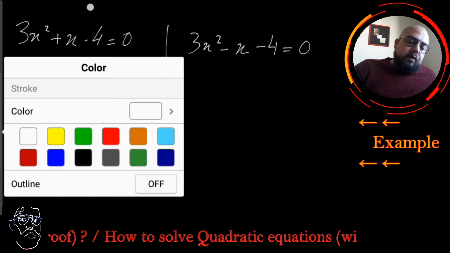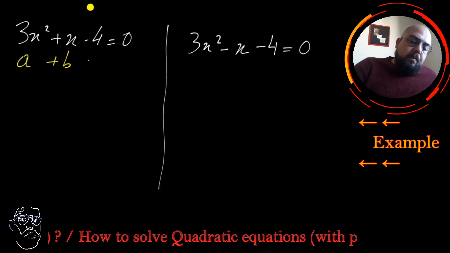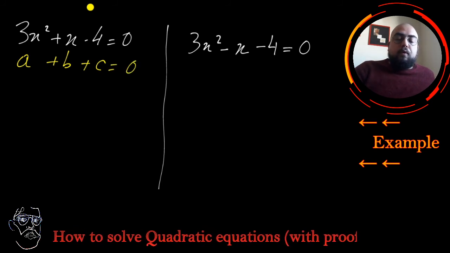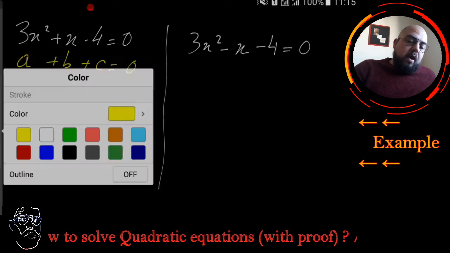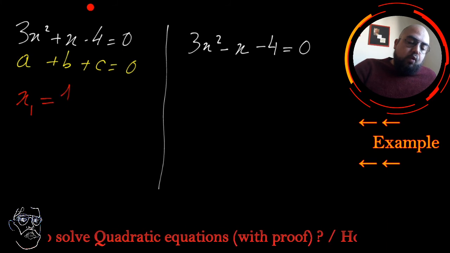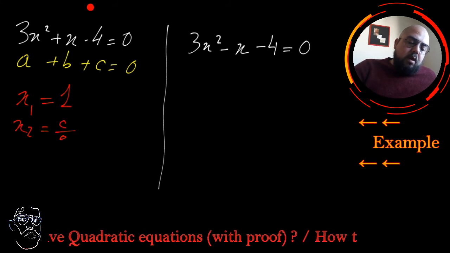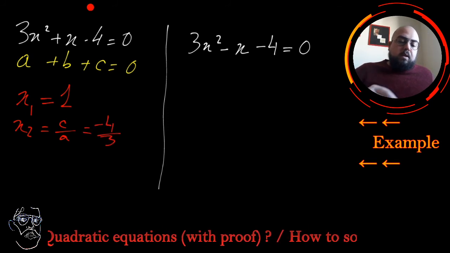For the first one, as you can see, it is in the form of a plus b plus c, which is equal to 0. A is 3, b is 1, 3 plus 1, 4, minus 4 is 0. So you can say you have two distinct real roots such that x1 is equal to 1, x2 is equal to c over a, which is equal to minus 4 over 3, without calculating delta.